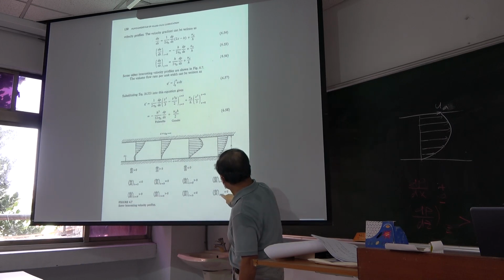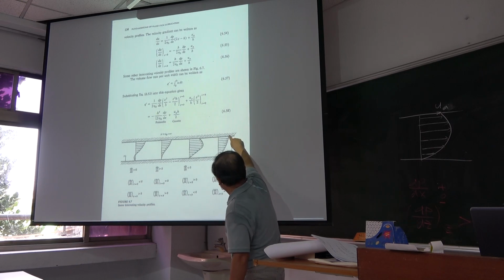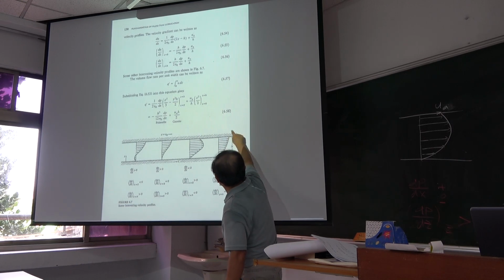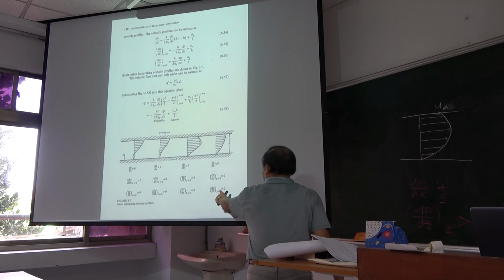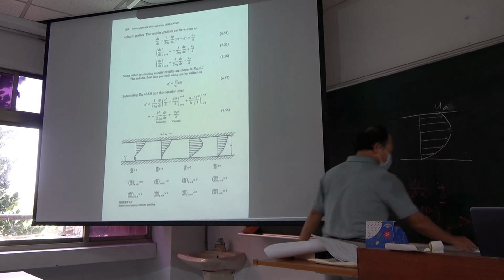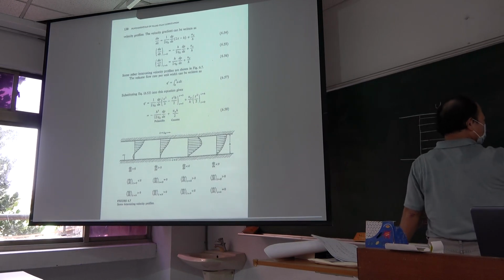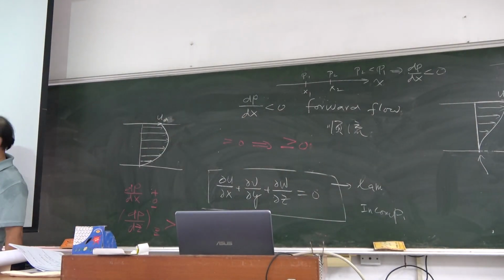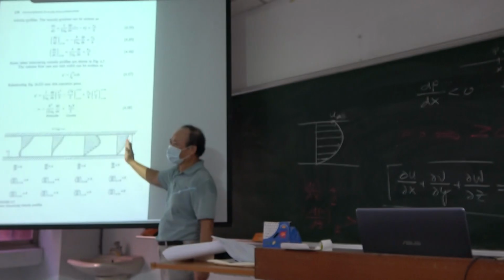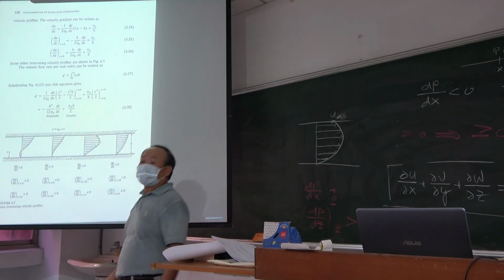Here, because y equals h is under this form, then du/dy, the slope, is 0 or larger than 0. So I hope that you change this one. Originally it was y equal to 0; change it to larger than or equal to 0, in here. Because the slope may be 0.